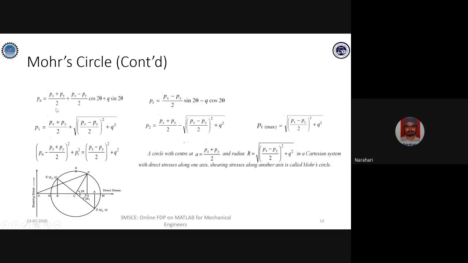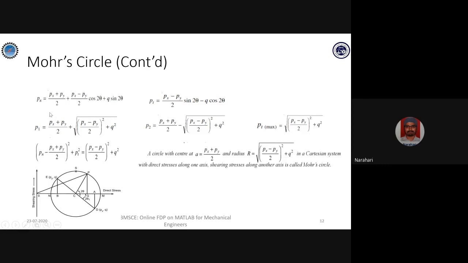So we have the normal stress on a plane. Here again, the notations may differ. Many of you might be using sigma x, sigma y, and tau. In other literature, you would see the usage of P and Q. I am sure you would be okay with any of these conventions, as long as you don't get confused.